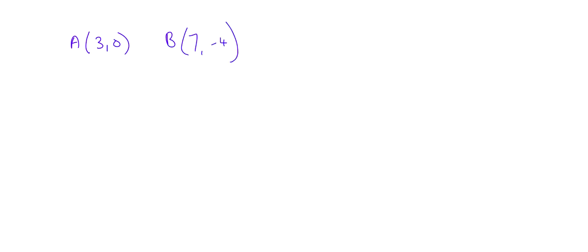I am going to say that both of these lie on the circle. So can someone make an inference about what information I know? If both of these points lie on the circle, what do I know about them? It could be a chord, it could be a diameter. I have not given you enough information to know that.